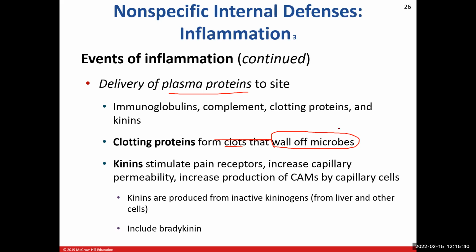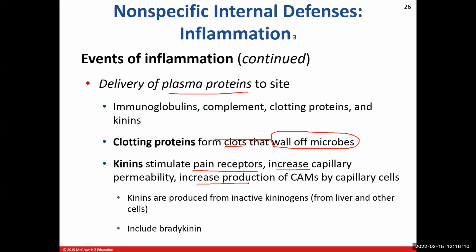All right, our kinins do a couple different things. One, they're going to stimulate the pain receptors. Bradykinin plays a huge role in pain response, right? But also they're going to help to increase how leaky our capillaries are, and they're going to help to make more CAMs so we can get more leukocytes that can leave our bloodstream and get into the tissue.